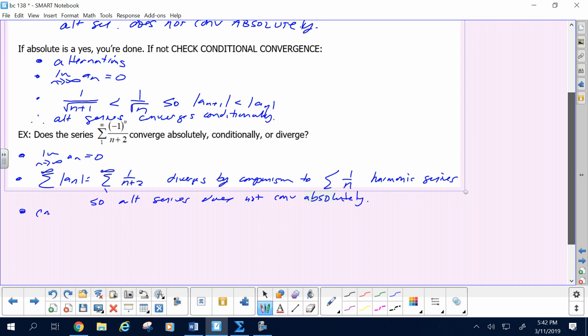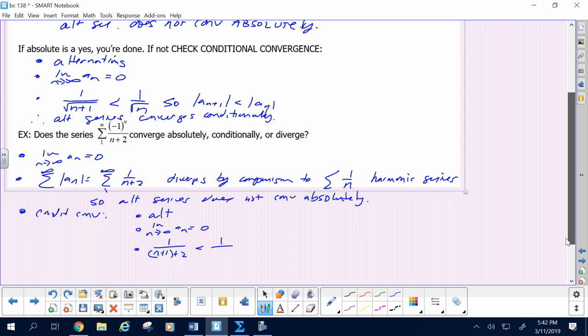For conditional convergence, it is true that it is alternating. It is true that the terms go to 0, which is the second condition. And the third condition is that the n plus 1th term would actually be n plus 1 plus 2. That's the nth term when we replace n with n plus 1.